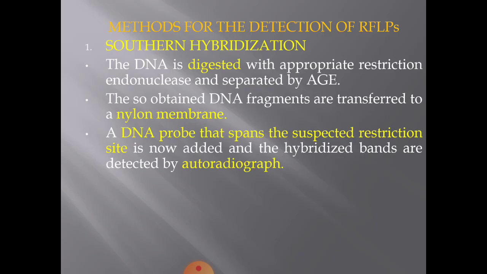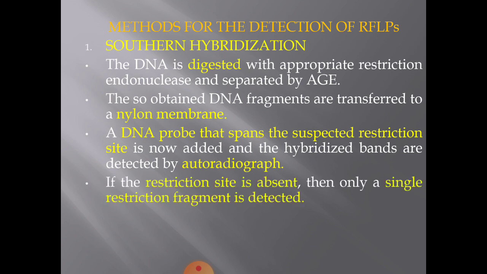And hybridization takes place. And these hybridization bands, normally in southern blots, are detected by another technique called autoradiograph. I'll give you one homework. You can just make a note of your autoradiograph technique, okay, and keep as a supplementary reading to your reading on RFLP, okay.